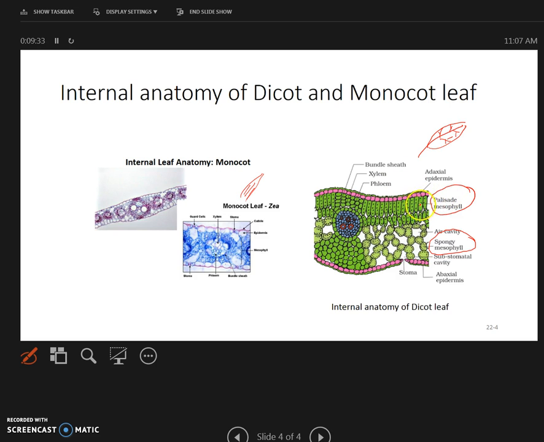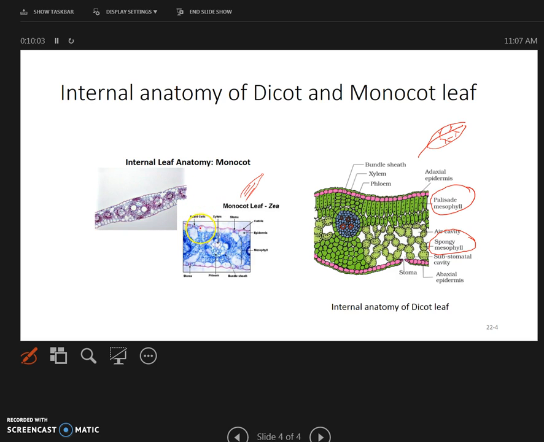Because there are lots of palisade cells, richly supplied with these black dots which you are seeing, which are nothing but the chloroplasts, which contain chlorophyll, the green pigment. The spongy mesophyll is loosely arranged with a lot of air space, so fewer of them. So obviously they have less chloroplast, less chlorophyll, lower surface lighter, upper surface dark green in color.